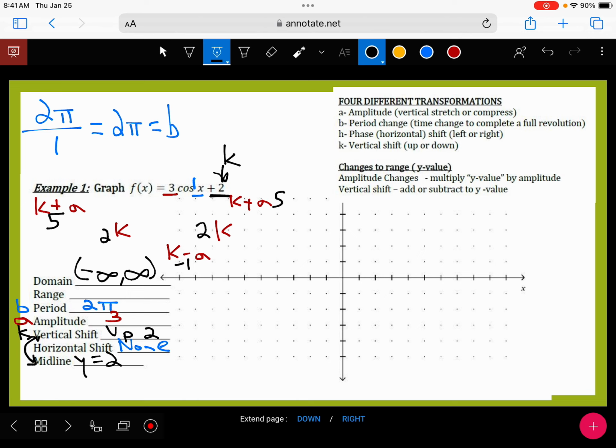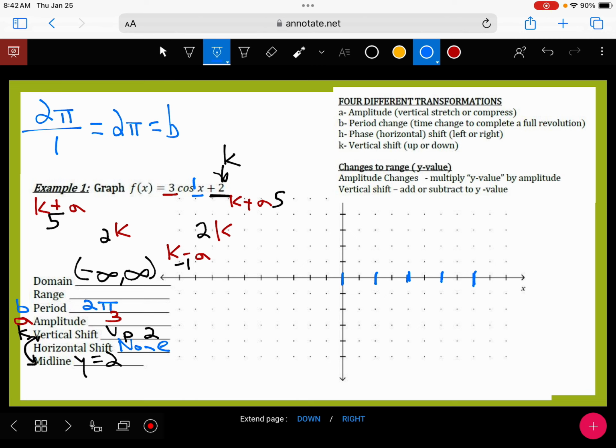And those are actually going to be our y values for the specific thetas. So we said there's no horizontal shift, and we said the period was 2 pi. So going back to our hash marks, that's 0, pi over 2, pi, 3 pi over 2, and 2 pi.